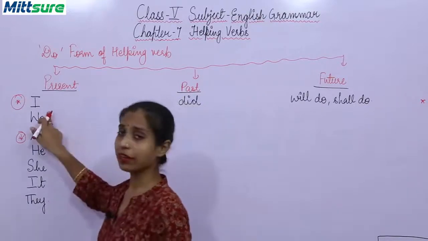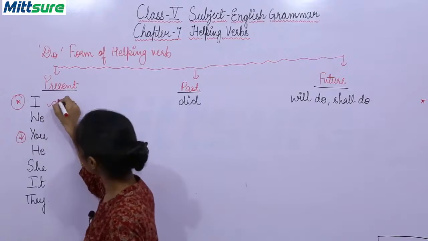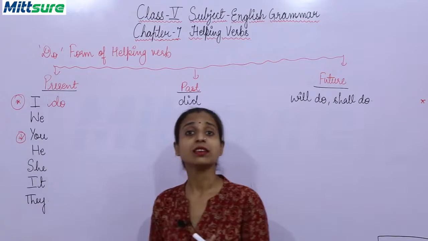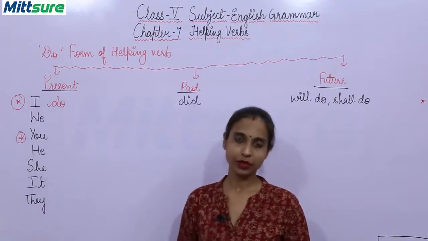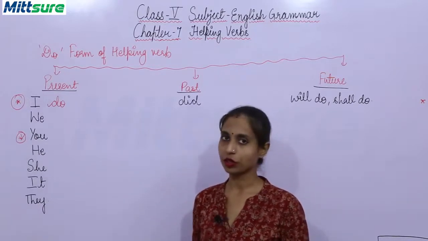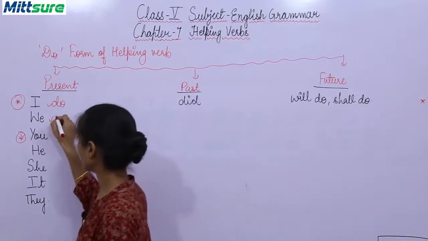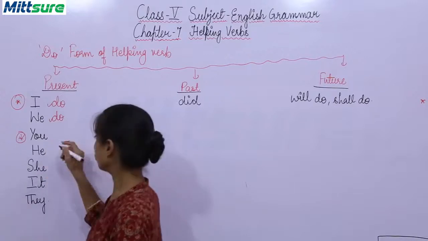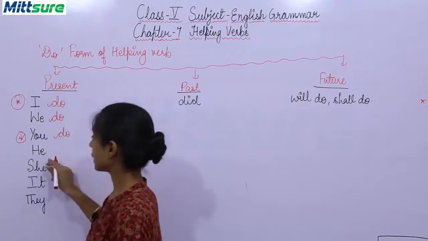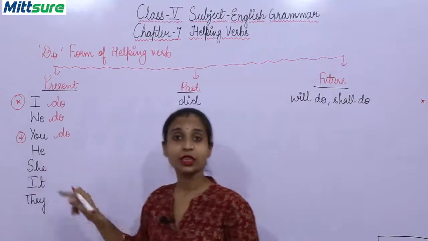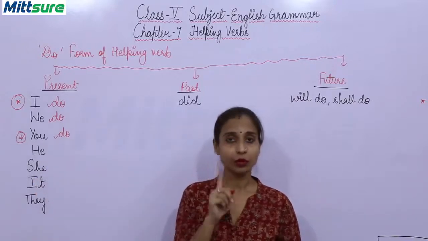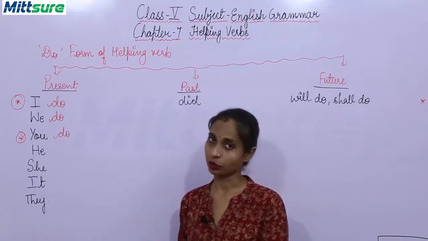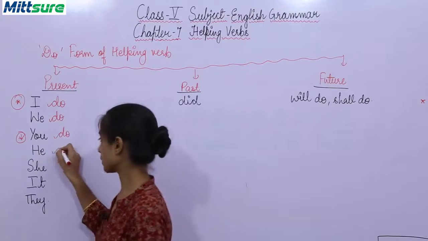So, let us see with which subject we are going to use which do form of verb. With I we are going to use do: I do. With we, a plural pronoun, again we use do: we do. You do. He is a singular pronoun, so with a singular pronoun we use the singular do form of verb: he does.